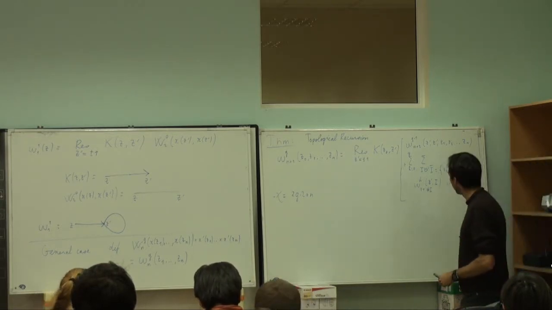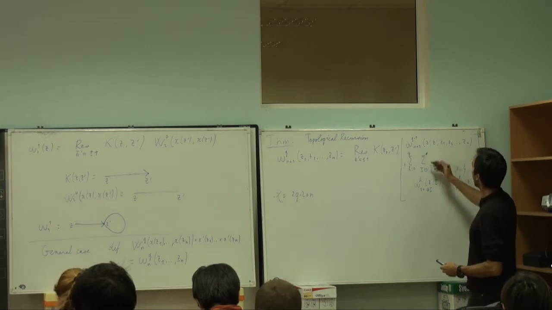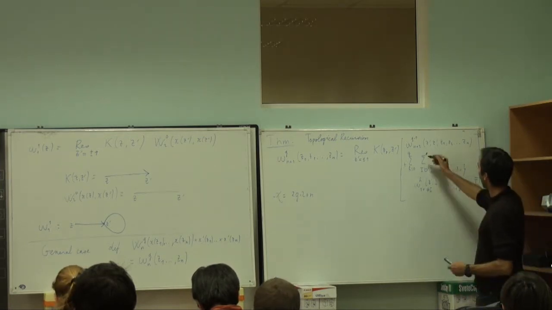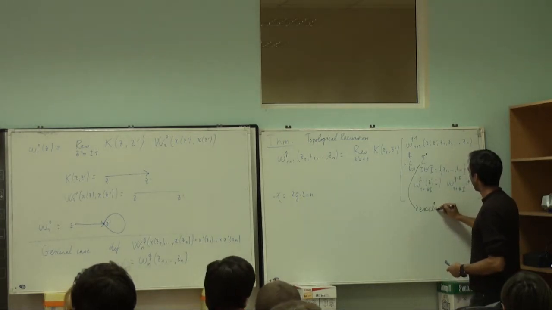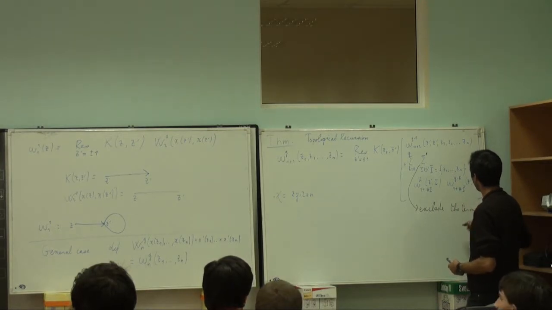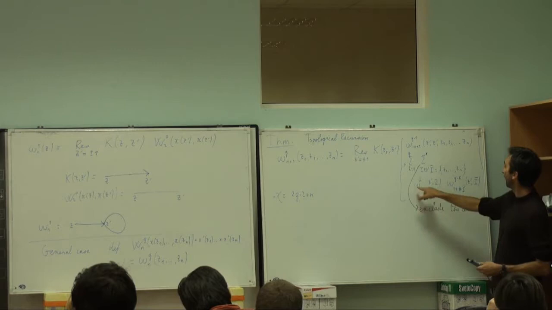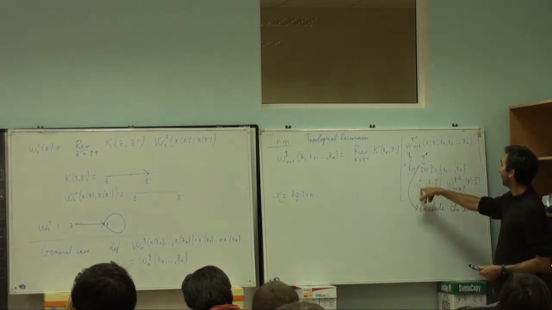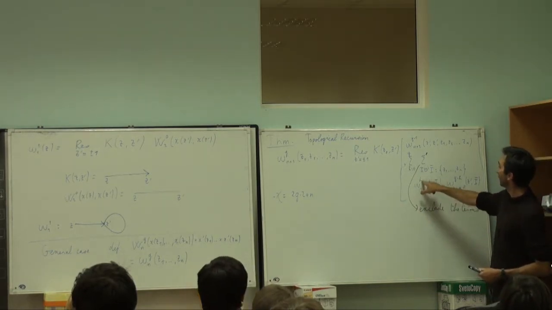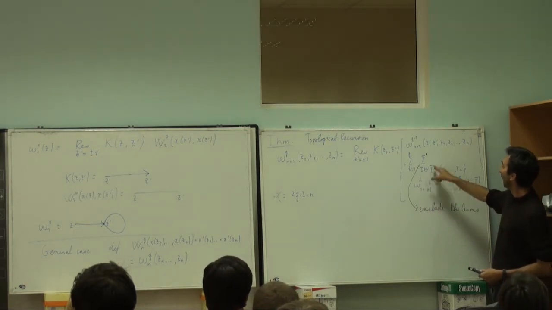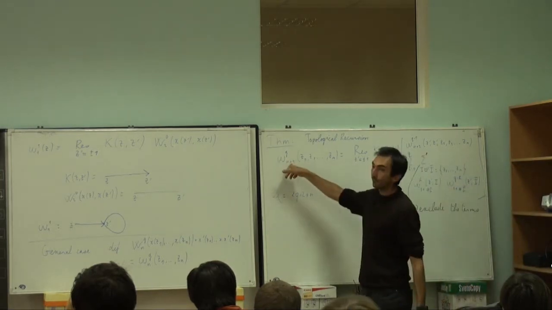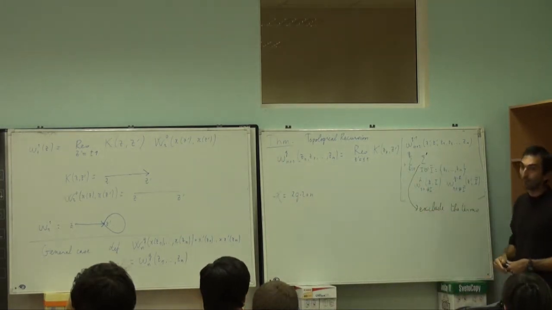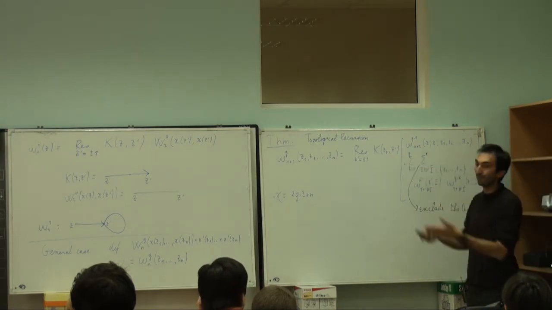Sorry, here, let me define a sum which I call sum prime, which means exclude the terms. Basically, in the right-hand side you have some omegas with some upper and lower index, and in case there is a term which is the one you have in the left-hand side, you must exclude it from the sum.